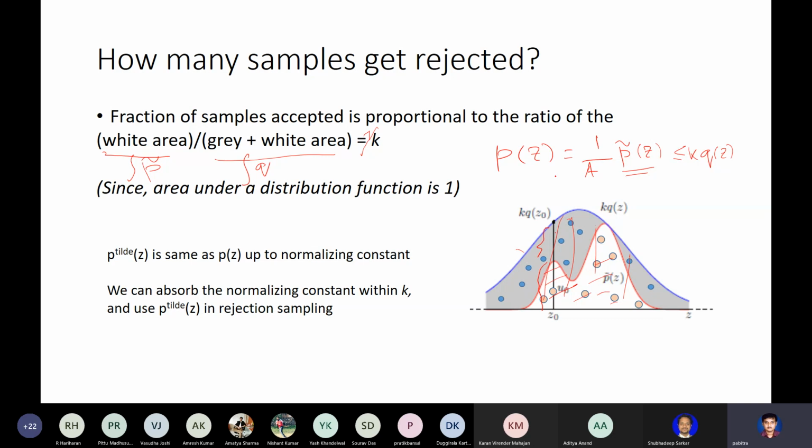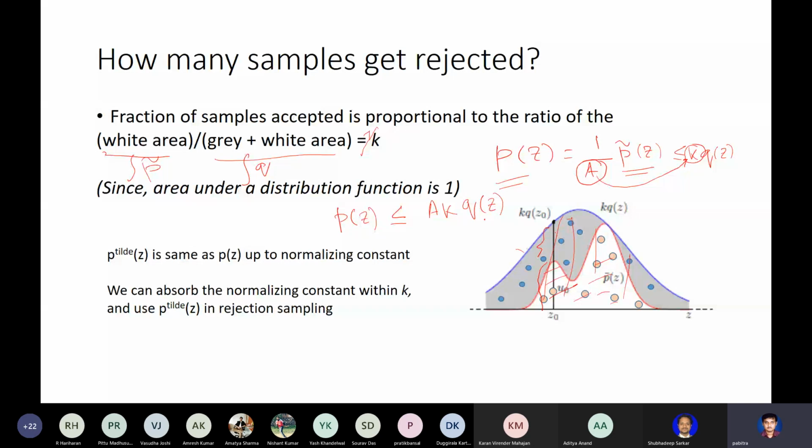You can actually use it to approximate the original p(z), because this A is also a constant, so it can be absorbed inside this factor k. You can as well write that p(z) is less than or equal to Akq(z). So just the normalizing constant changes, and the encapsulation scaling factor changes.